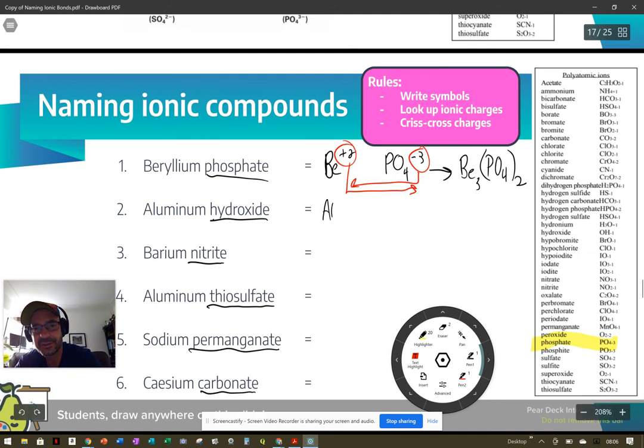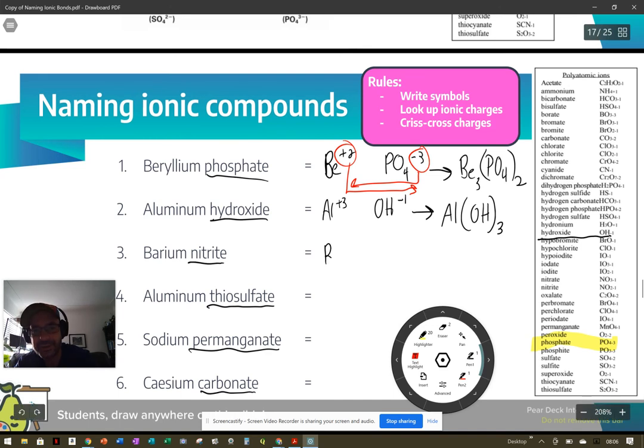For aluminum hydroxide, aluminum is +3. Hydroxide, if you look it up, it's right here. So it's OH minus 1. We crisscross those charges, we get Al parentheses OH3.